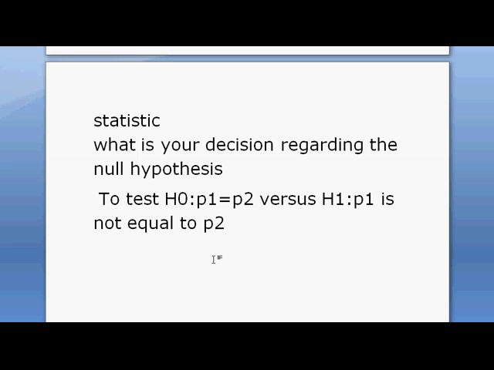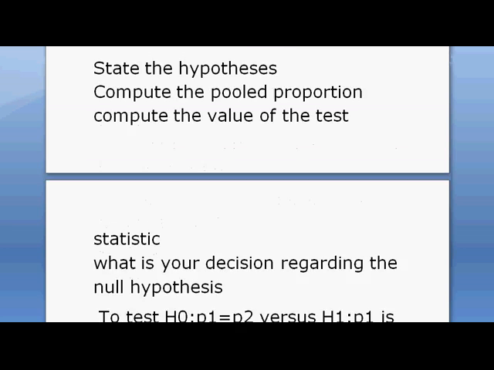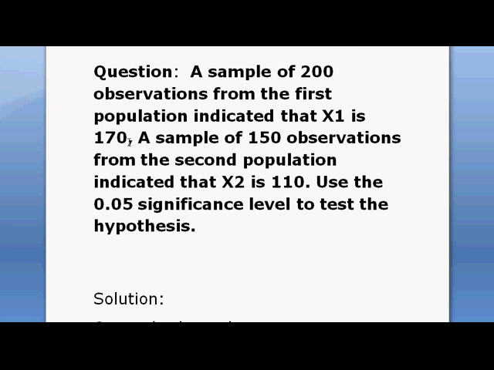Now find P1 and P2. Here P1 is equal to x1 by n1 and P2 equals x2 by n2. So P1 is equal to x1, that is 170, and n1 is 200.